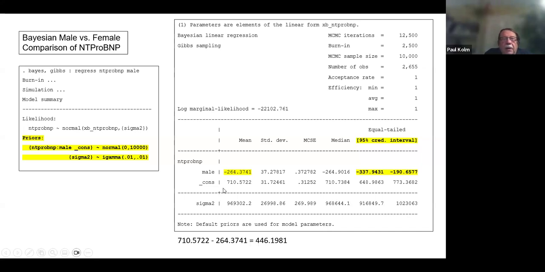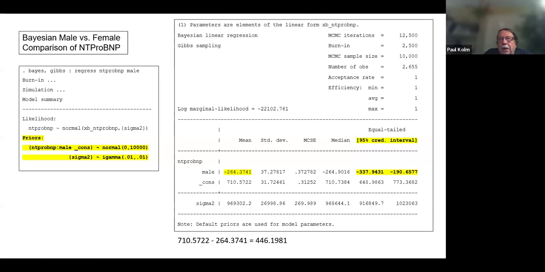If the patient is female, then it's the constant 710 plus minus 264 times 0. So in other words, if it's female, the BNP value is 710. For the regression parameter for males, over here we have an interval of minus 337 or minus 338 to minus 190. And we call this in the Bayesian framework a credible interval.